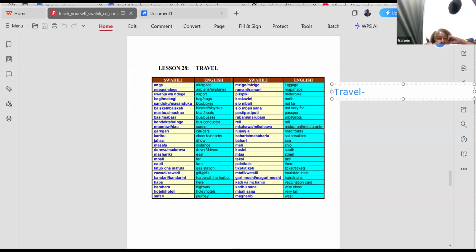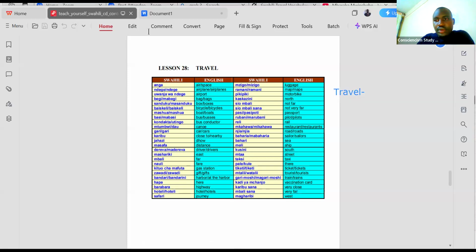Can you expand it a bit? Because it's quite small on my screen. Okay, let me do that. Let me see where I can expand it. I'm trying to see where I can enlarge it. I remember I did it somehow.